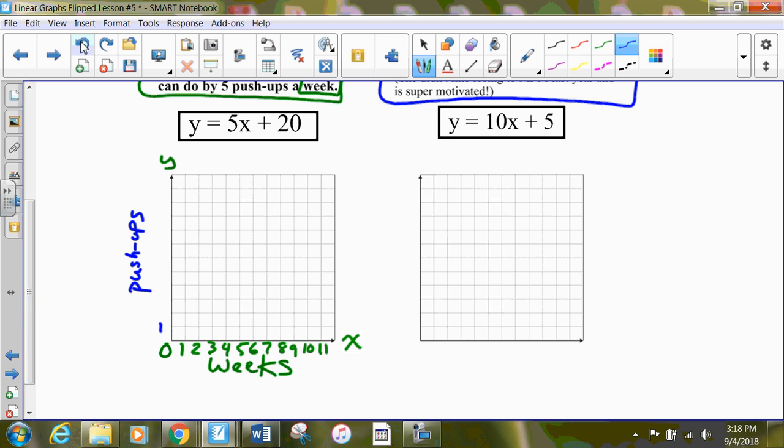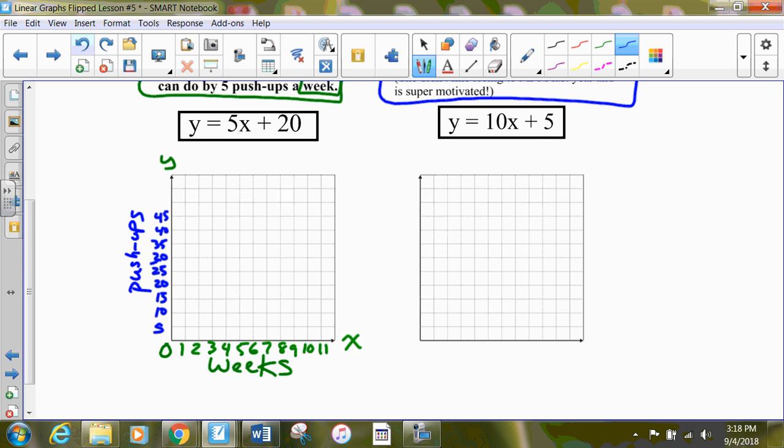So instead of going up by ones, we're going to go up by fives. So we'll have 5, 10, 15, 20, 25, 30. So plenty of room for us to graph not only where he's starting, but we can still have the numbers left for him to improve, right?